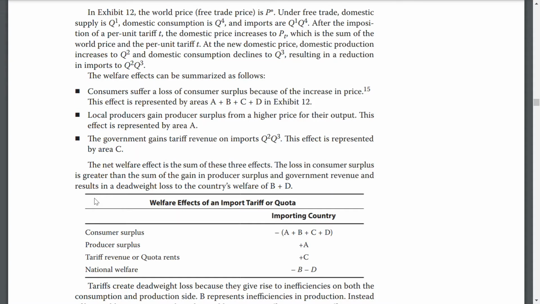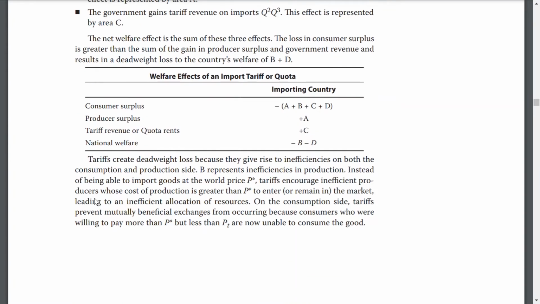The loss of the consumer surplus is greater than the sum of the gain of the producer surplus and government revenue, and results in a deadweight loss to the country's welfare. Tariffs create that deadweight loss because they give rise to inefficiencies on both the consumption and production side.